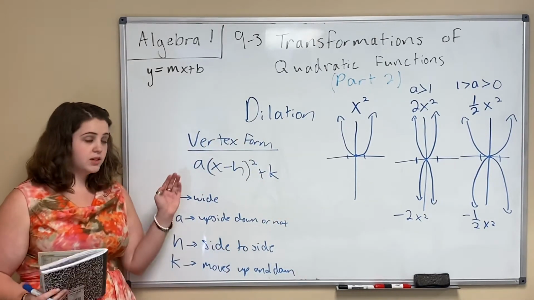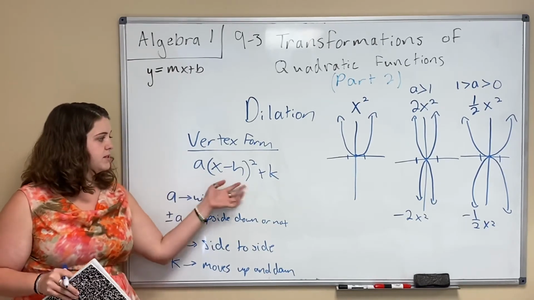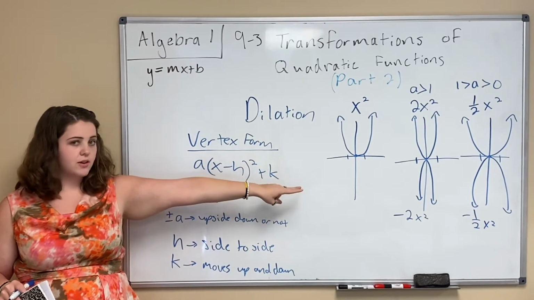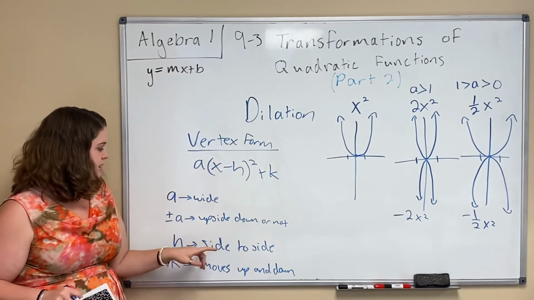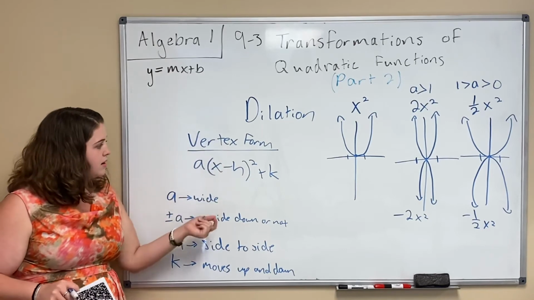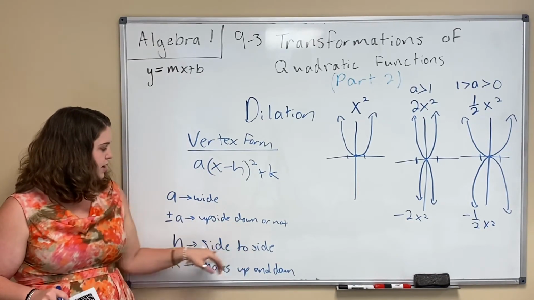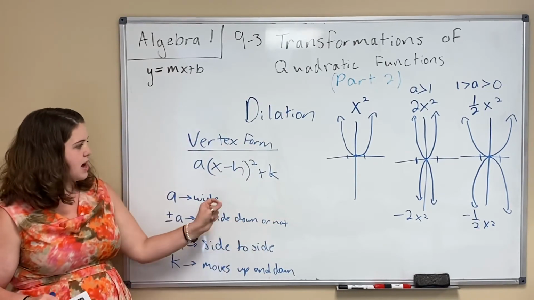Okay, so if you were given something in vertex form, with all of these pieces filled in, you should be able to plot it on a graph relatively simply by knowing each of these pieces. Where should I put my vertex? How far up and down, how far side to side, is it going to be upwards or downwards, and how wide should I make it?